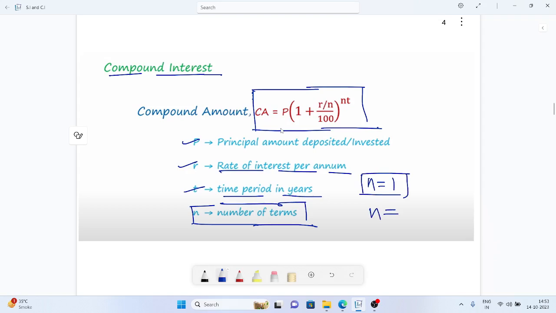If you take two terms to pay the amount, then N equal to 2, like this. Then we will see the further details when we move forward. So note this down and also remember this formula. This is the formula for compound interest, the compound amount.